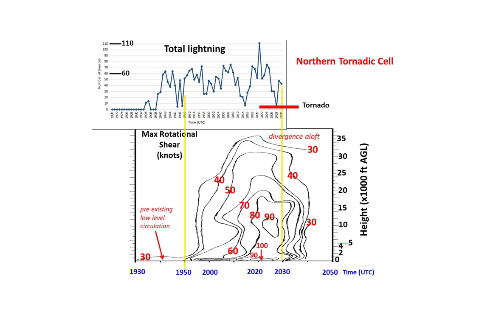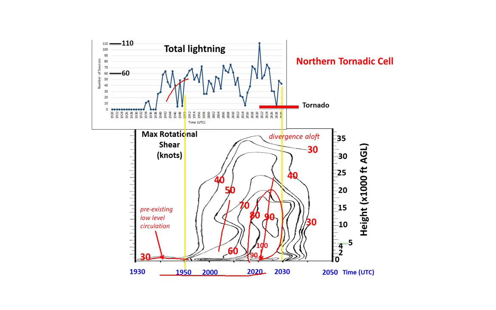Now, we also looked at this in relation to the rotational shear, which is something we did for the study in 1985. And what you typically see in these non-supercell tornadoes is, again, you have the low-level rotation, and here we see some lightning activity pick up, and the reflectivity also picks up, but it's a rapid growth in the reflectivity, an increase in the velocity and an increase in the depth of this rotational shear just before the tornado.